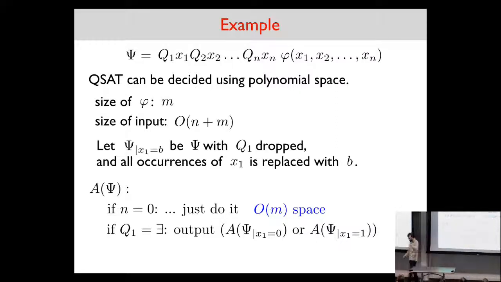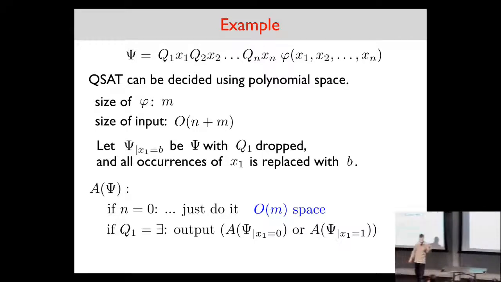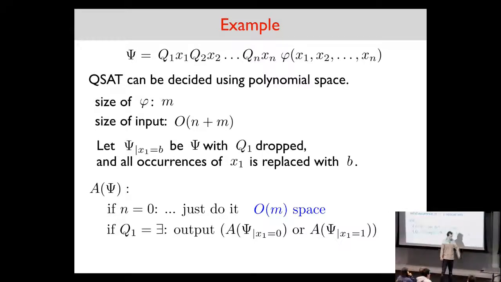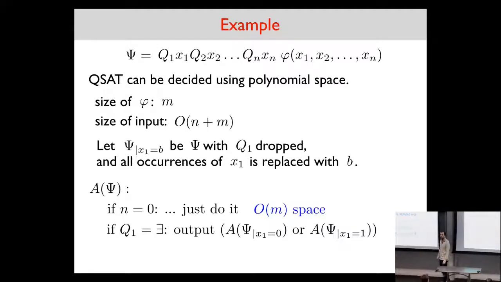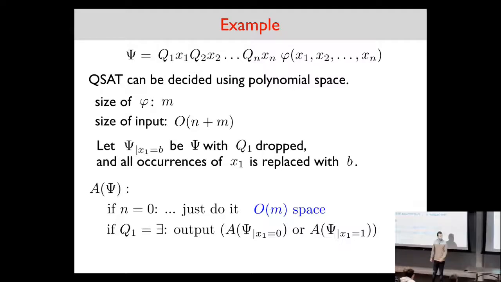So we get rid of the first quantifier, replace x1 with 0 first, and now also replace x1 with 1. If one of these returns true, it says it's satisfiable, then it's satisfiable, because my quantifier was there exists. It's saying, does there exist a value for x1, 0 or 1, that makes this true?